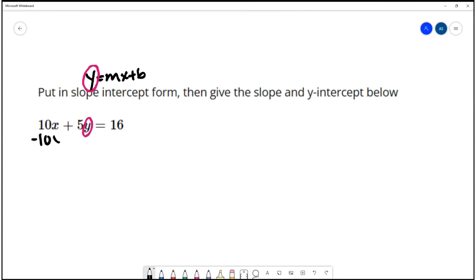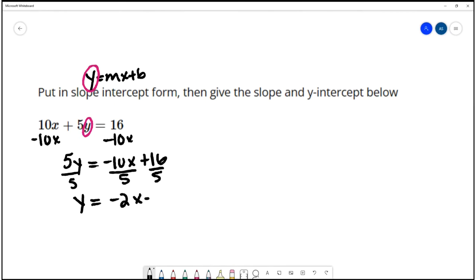So we're going to subtract 10x on both sides. That gives 5y equals negative 10x plus 16. We'll divide by 5, and that gives y equals negative 2x plus 16 over 5. In our slope-intercept form, the m stands for the slope, and the b stands for the y-intercept.